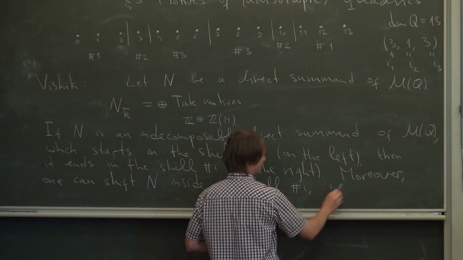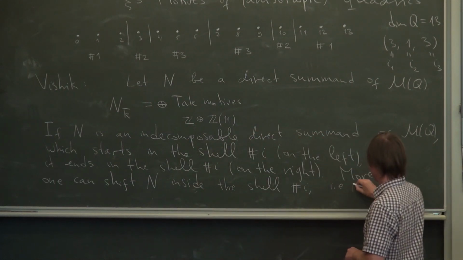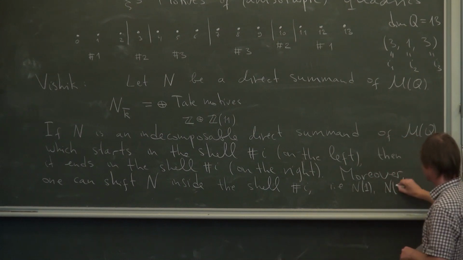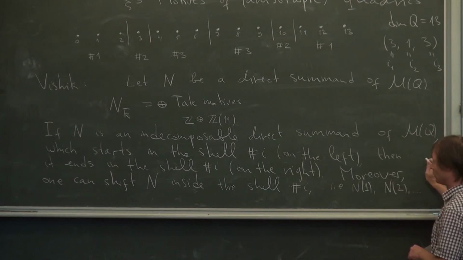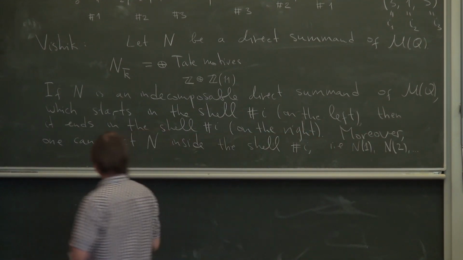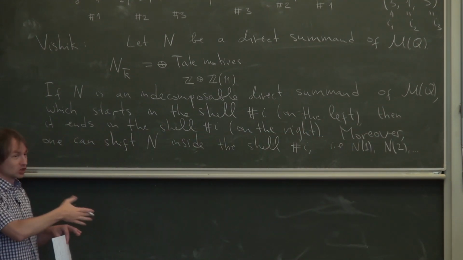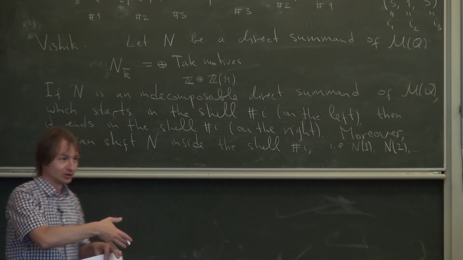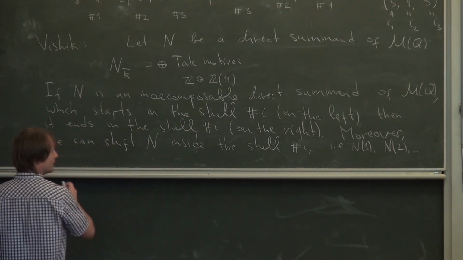It means N shifted by 1, N shifted by 2, and so on, are also direct summands of the motif of Q, as long as these shifts remain in the shell number i. So as long as we don't go to the next one.